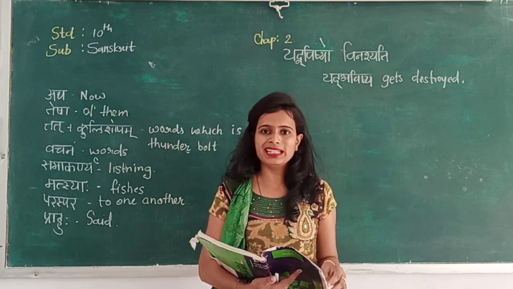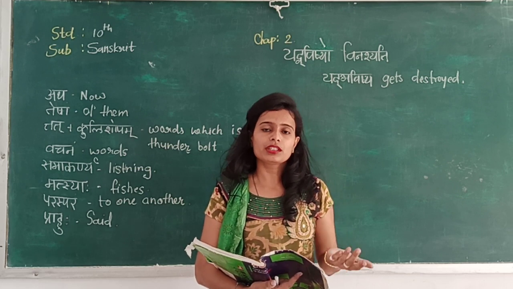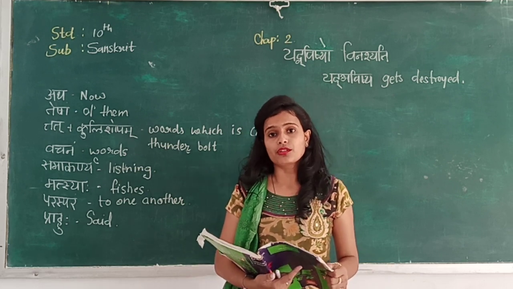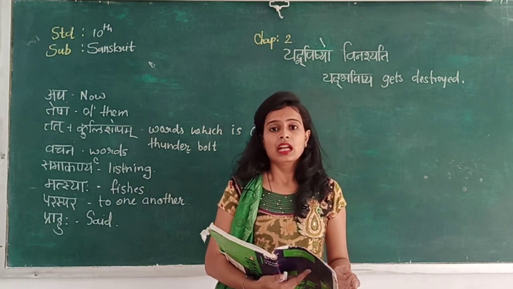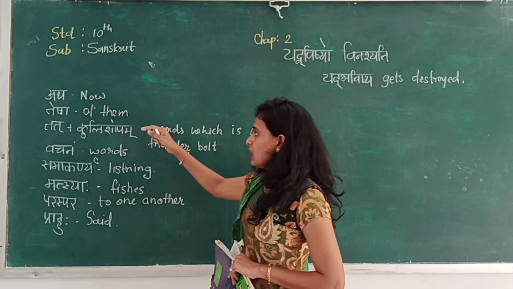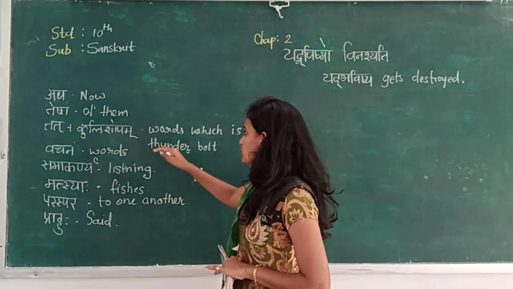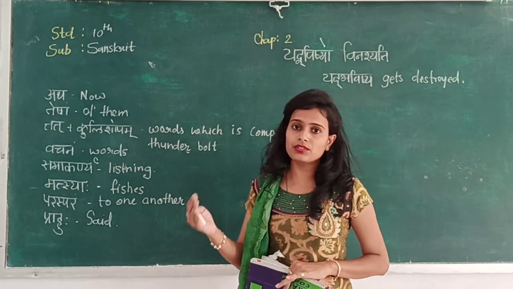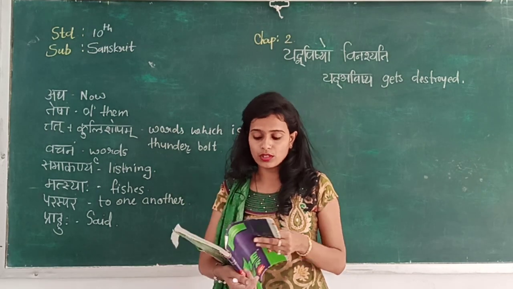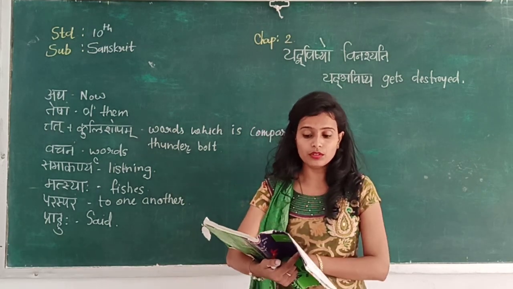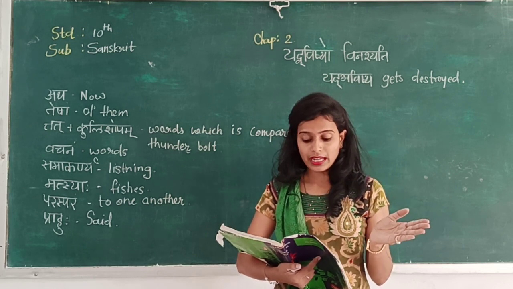For today our meal is arranged; tomorrow we will come and kill all the fishes and tortoises. Now, hearing this conversation, the fishes were talking that the words spoken by the fishermen are just like a thunderbolt for them, and they were conversing with each other.